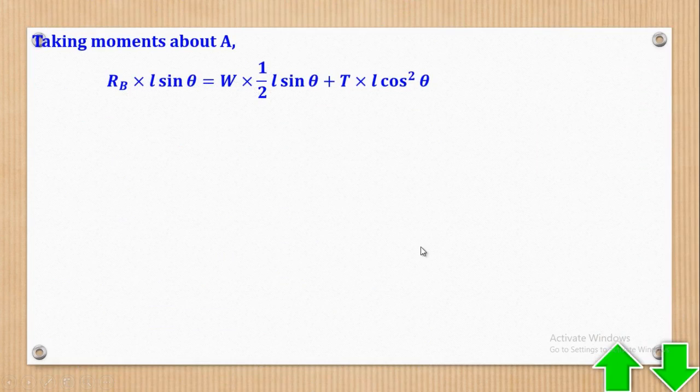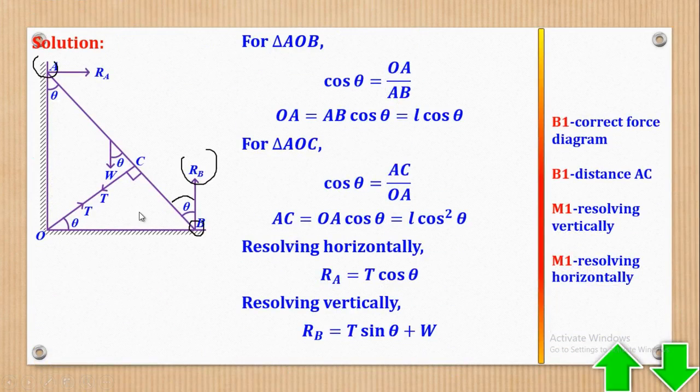Then this W, let's see where those values are coming from. So for the first W, this force originates from this point, and this point is the midpoint. Remember, they told us that the ladder is uniform, so this is the midpoint.